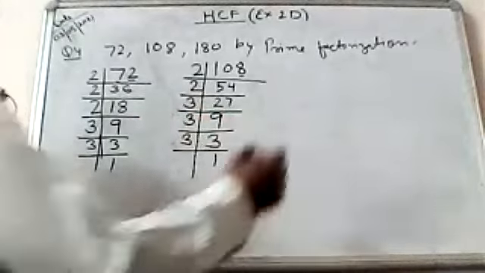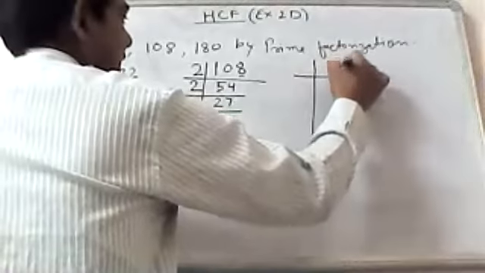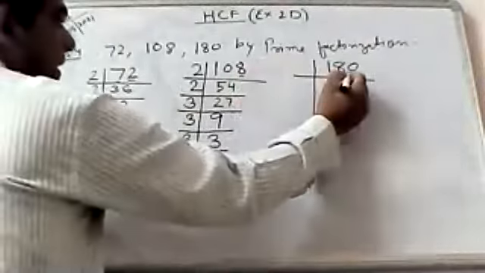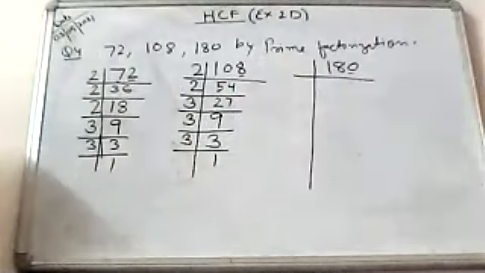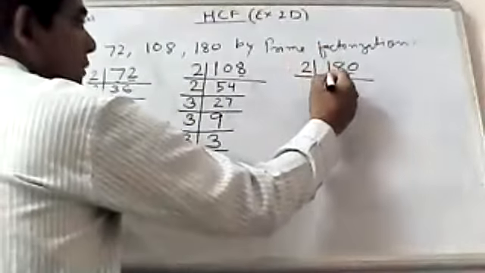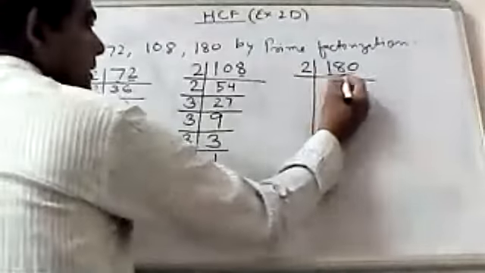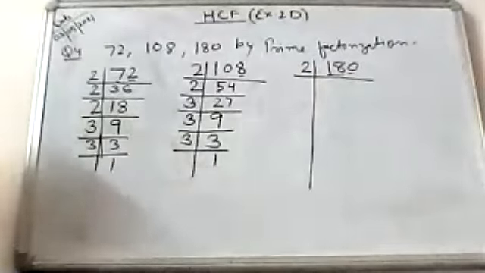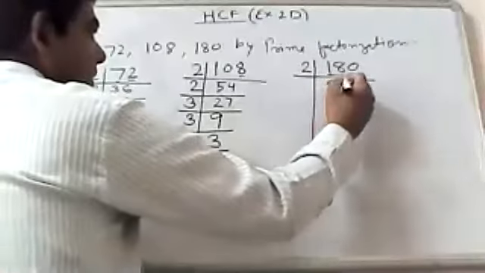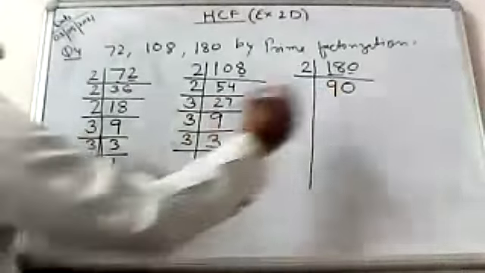Now look at this. The third is 180. Here the last digit is 0, so we are able to divide by 2. 1 is not divisible by 2, so take the next digit. This is 18, so 2 9 ja 18, then 0 is remaining, so 90.